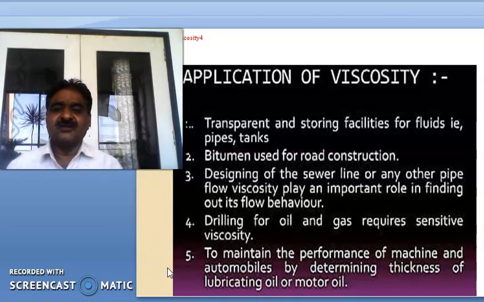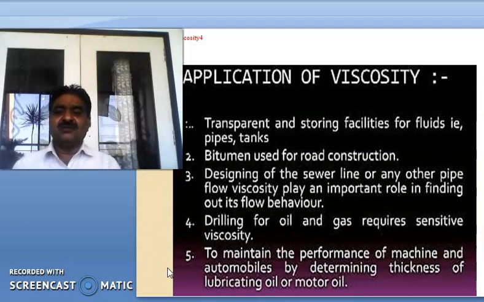The reason behind it is the viscous nature. The life of the engine increases, and not only that, it maintains the smoothness of the engine. So this is the benefit of viscosity.